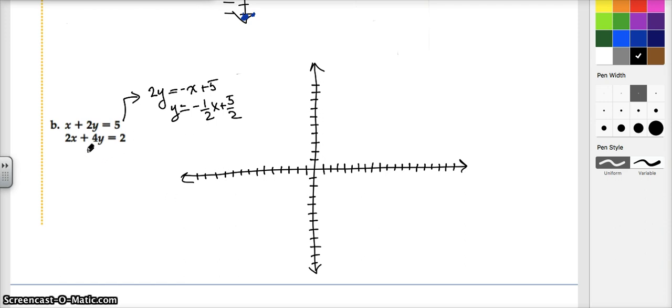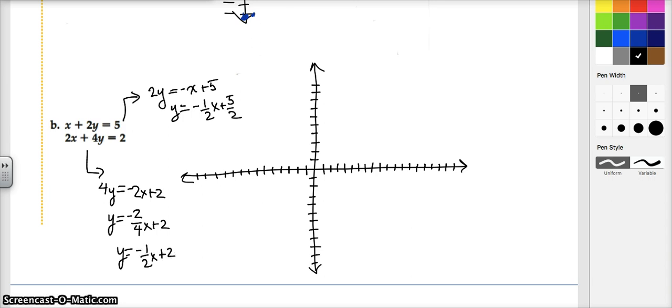So that's me reworking the first equation. I'm going to do the same thing over here. I'm going to throw the negative 2x onto the other side, and I'm going to divide everything by 4. So I get y equals negative 2/4 x plus 2, y equals negative 1/2 x plus 2.